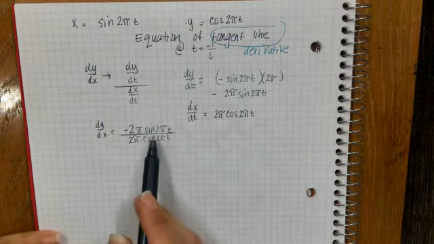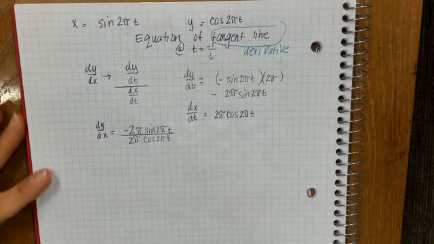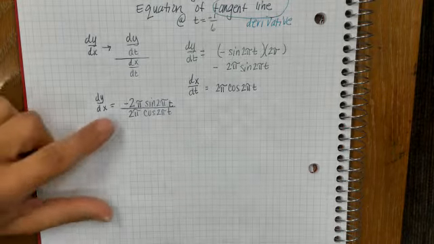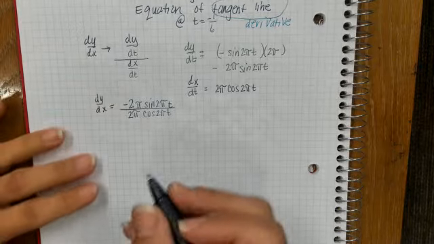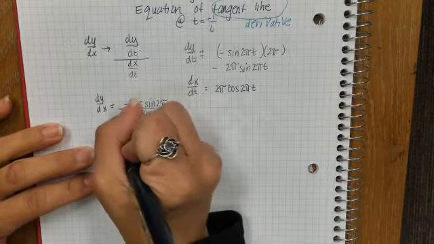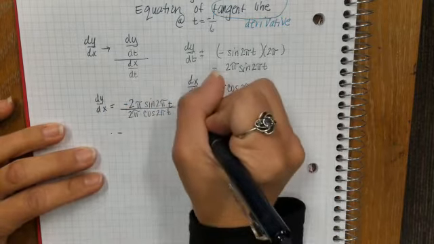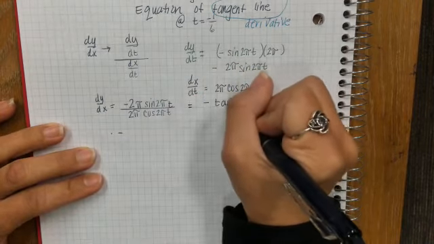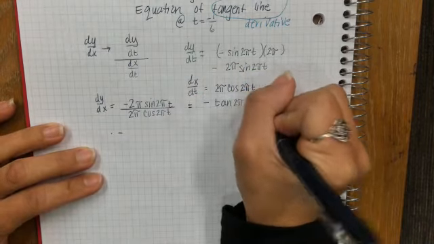And of course, sine 2 pi t over cosine 2 pi t is tangent 2 pi t, and negative 2 pi over positive 2 pi is negative 1. So this is negative tangent of 2 pi t.